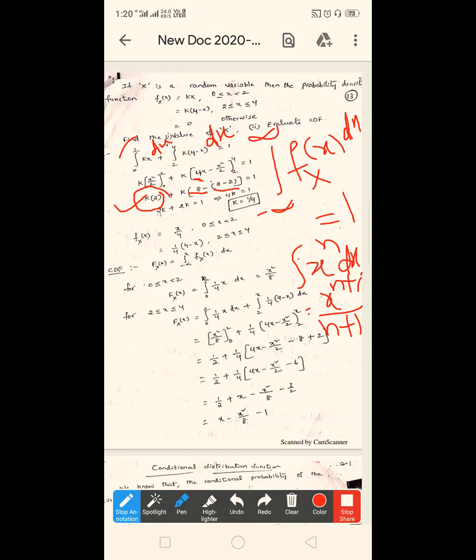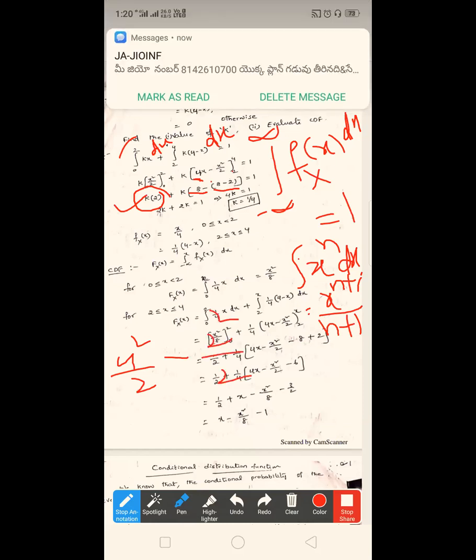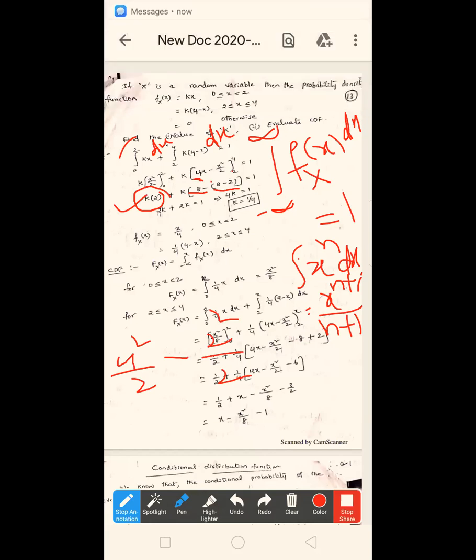4 square by 2 minus 2 square by 2. How much? 4 square means 16. 16 by 2, 8, minus 2 square, 4. 4 by 2, 2.